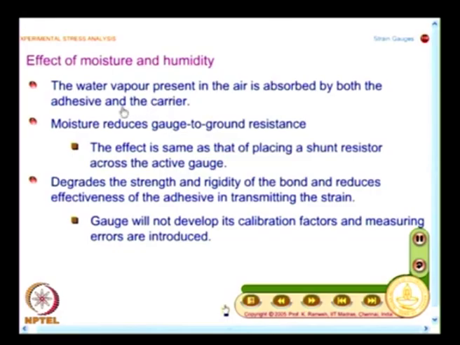and because of absorption of moisture, it degrades the strength and rigidity of the bond and reduces the effectiveness of the adhesive in transmitting the strain. We have already seen the adhesive should faithfully transfer the strain developed on the base material to the foil alloy. It does not happen when it is exposed to moisture.